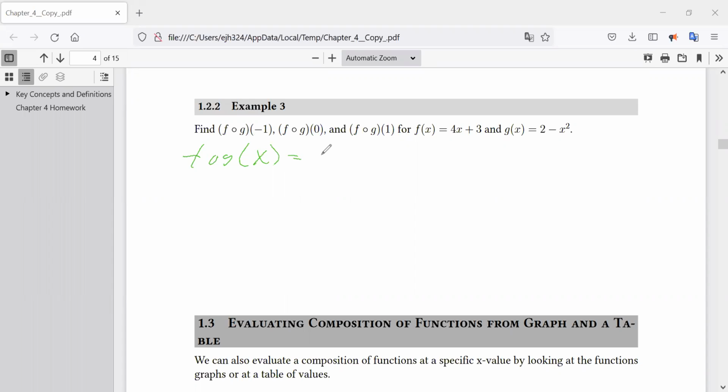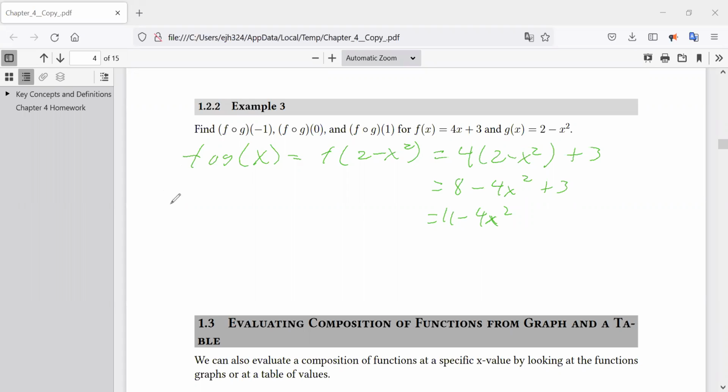That's f of 2 minus x squared. So that's going to be equal to 4 times 2 minus x squared plus 3, equal to 8 minus 4x squared plus 3. So that's equal to 11 minus 4x squared.